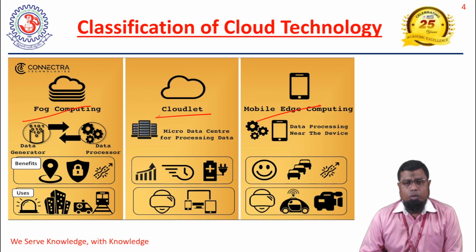Before the invention of mobile edge computing, we were studying mobile computing. It is the same thing, just an extended version. Now we have the advantages of edge computing, and we call it mobile edge computing.